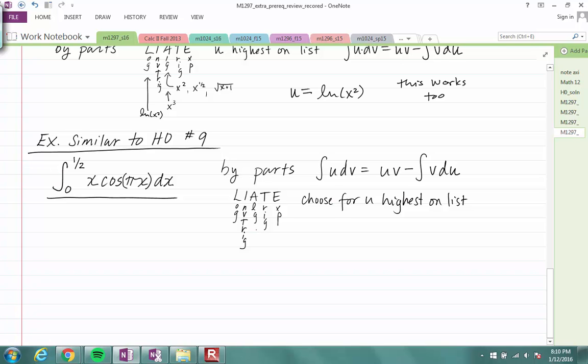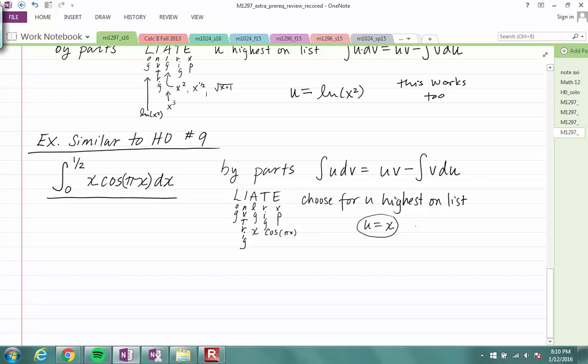So x is categorized as algebraic, and cosine of pi x is categorized as trig. Since x is higher on that list, that's what you're going to choose for your u. Then the u is something that's going to go in that second part of the formula, which is what we're trying to get to.